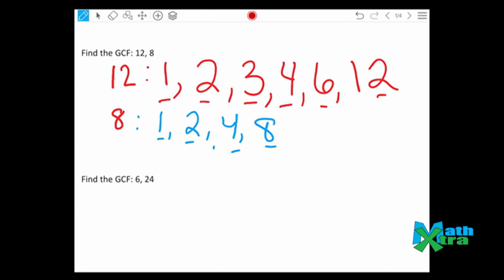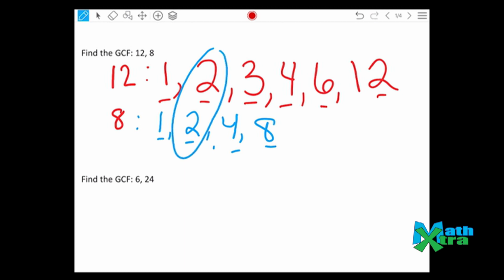All right, we've listed out all of our factors. The whole purpose of this exercise is to find the greatest common factor. So we have 2 in common as well as 4. However, the greatest common factor of 12 and 8 equals 4.